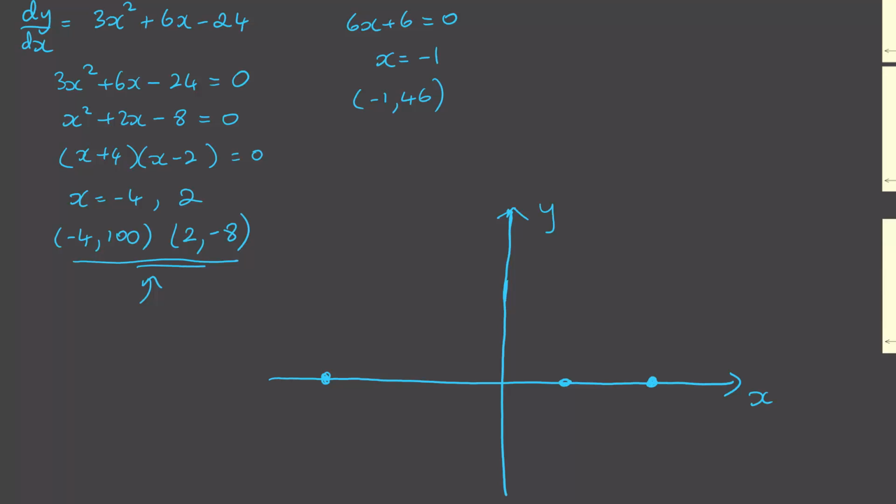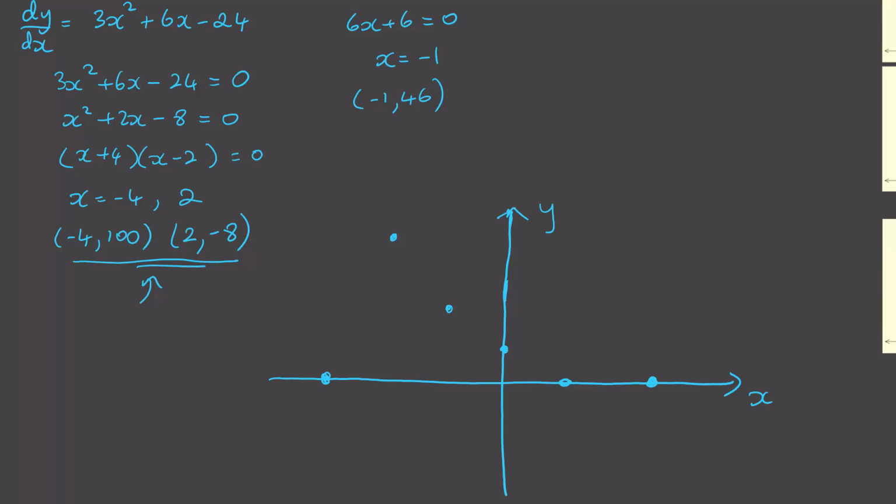Now we know that at negative 4, 100, we have a turning point. We know that at negative 1, 46, we have a point of inflection. We know that we've got an intercept here at 20.